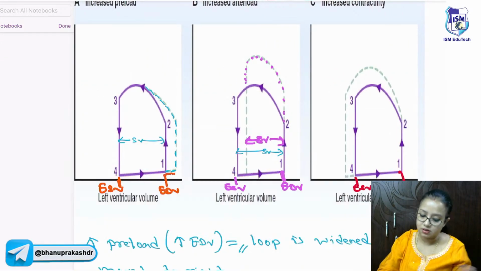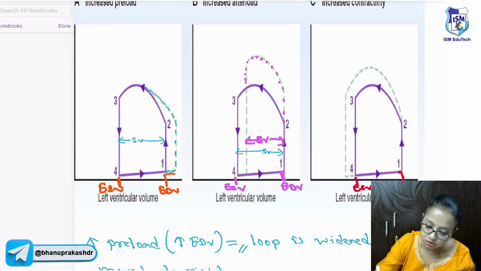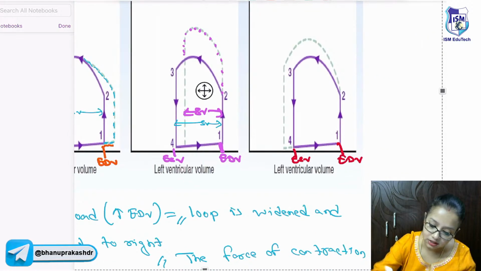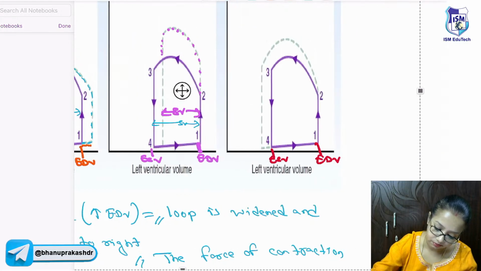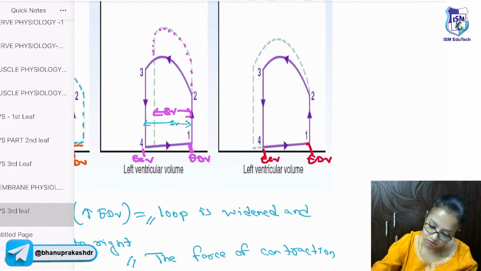For example, there has been usage of a positive inotropic agent, or the person is running fast, scared, or excited, anything that has caused more forceful contraction of the ventricles. So here you see the loop goes taller.